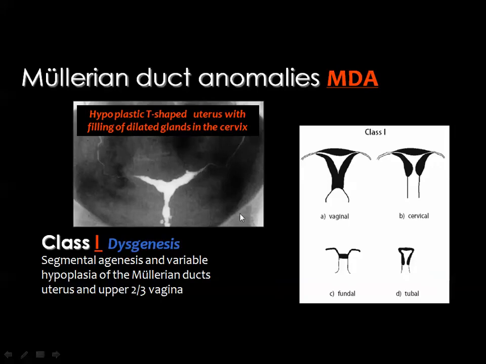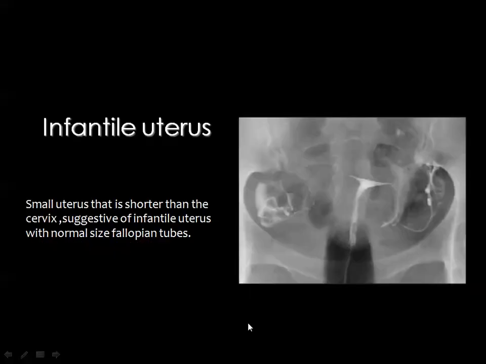You can see a very small size uterine cavity, but the tubes are present and they are patent with normal peritoneal spill, and this is through salpingogram. And this is what we call infantile uterus, where you see the size of the uterus is very small, but the fallopian tubes are maintained, they are normally developed, and also they are patent, spilling the injected contrast material into the uterine cavity.